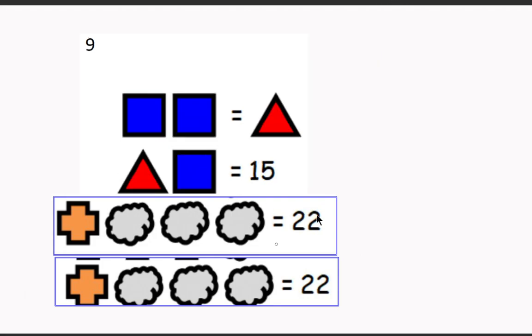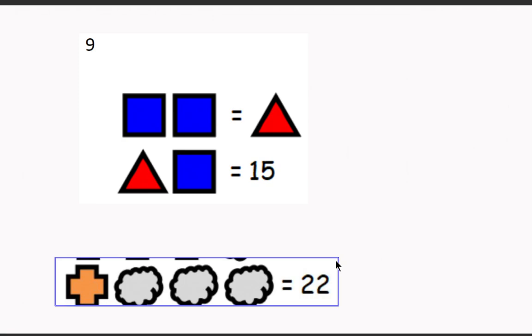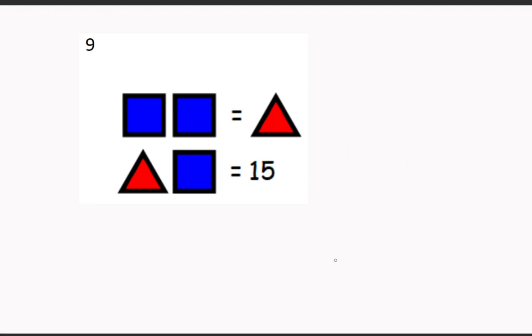Okay, number 9. There we go. Okay, so what are we going to do this time? Now, this one is slightly different because it seems like whatever you do, it doesn't work out. But in this case, we can use a slightly different method because we can see that 1 triangle is worth 2 squares.